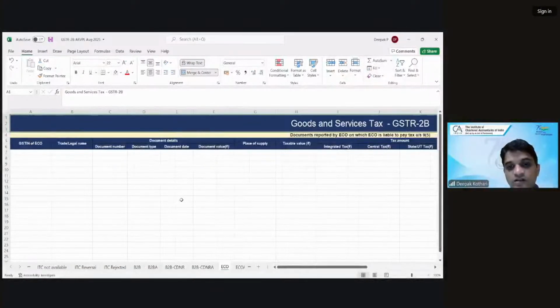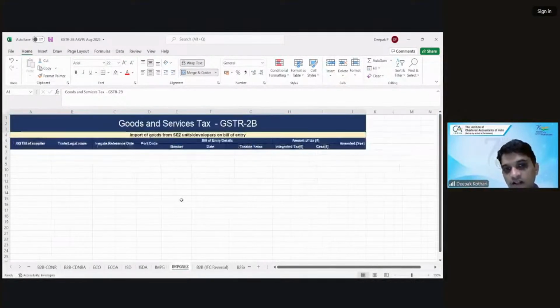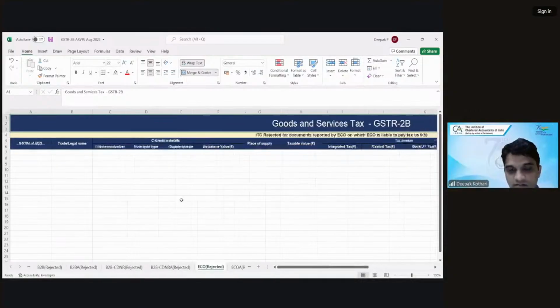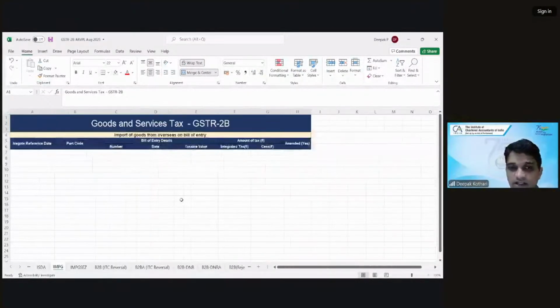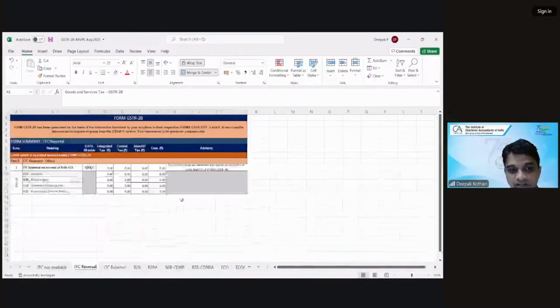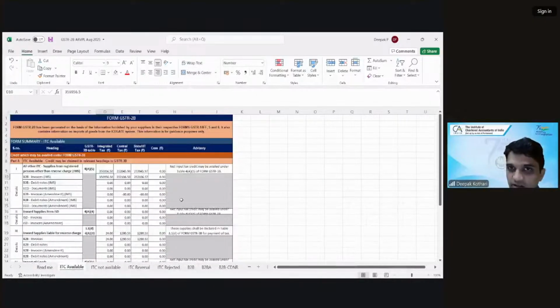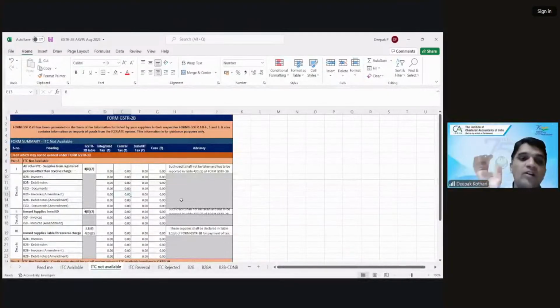Credit notes, all the categories of credits will appear here. Various heads are there. What I'm trying to say is you will have a summary in ITC available, that much you can claim, and ITC not available, you cannot claim.